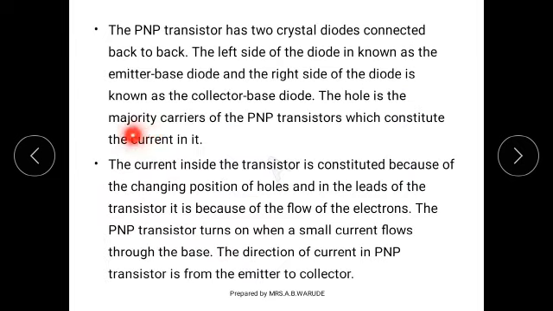The holes are the majority carriers of the PNP transistor, which constitute the current in it. Here N is the base, the middle region, and it is lightly doped, and therefore there is a majority of holes, that means positive charges. The current inside the transistor is constituted because of the changing position of the holes, and in the leads of the transistor it is because of the flow of the electrons.